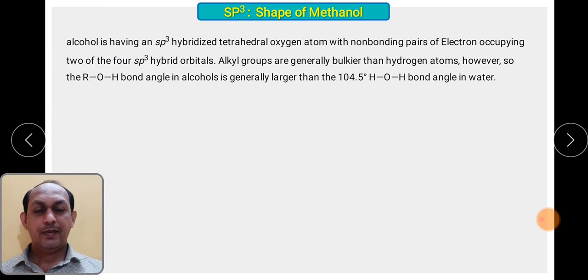Now we'll see another example with oxygen having sp3 hybridization. What is the example? Alcohols. Alcohols are a very good example. ROH, just like water.